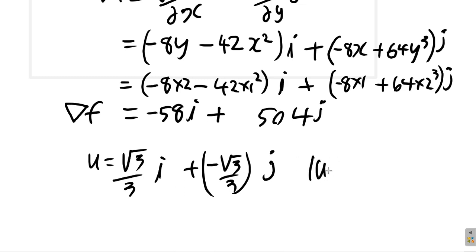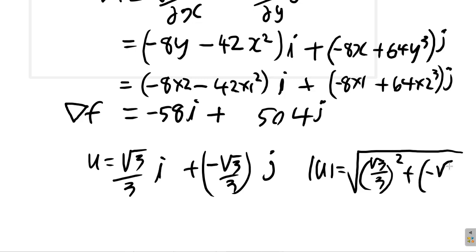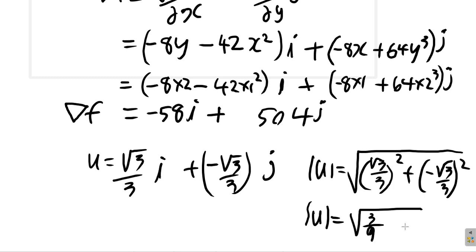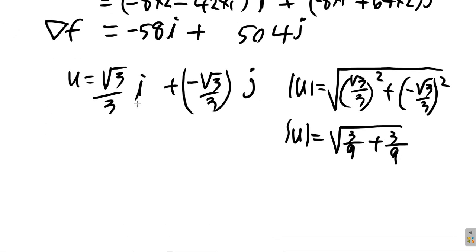Now, the magnitude of u is equal to the square root of the square root of 3 over 3, squared, plus negative square root of 3 over 3, squared. So that is equal to what now? Square root of 3 squared is 3, over 3 squared is 9, plus square root of 3 squared again is 3 over 9. That's coming out quite neat.